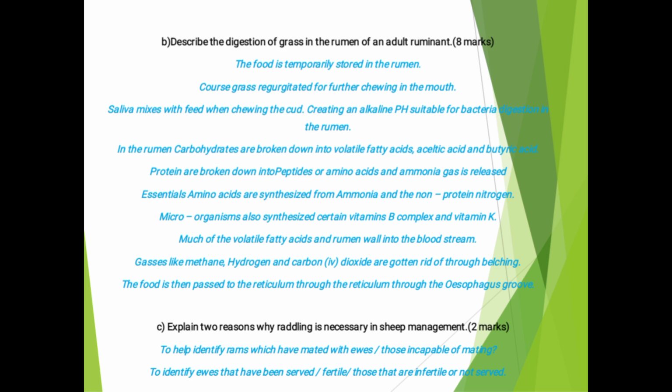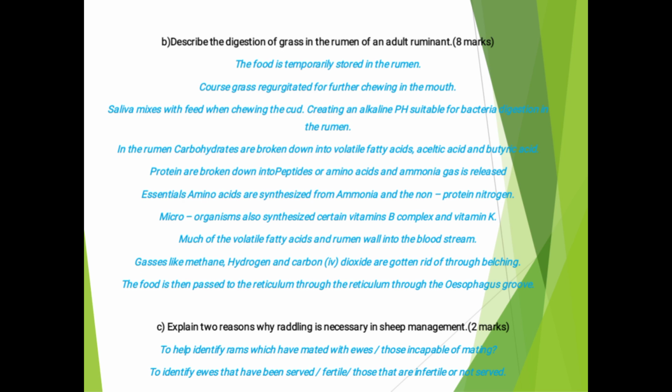You now see the cow is belching. That is producing the gas that has been created as a waste product. The food is then passed to the reticulum through the esophageal groove.